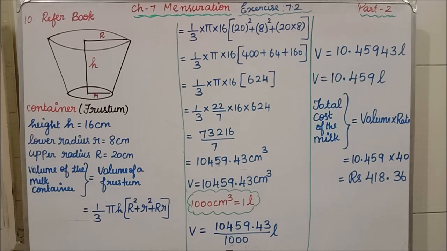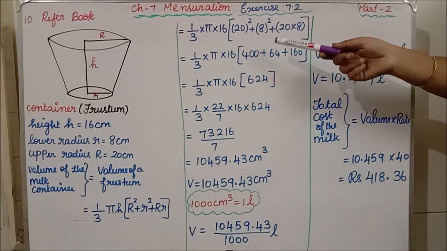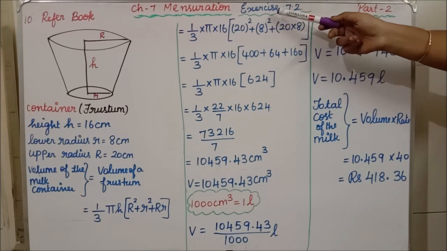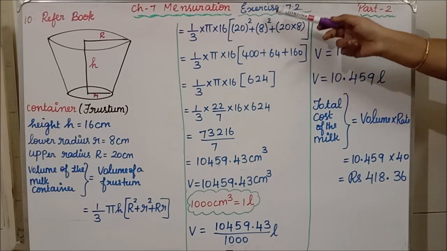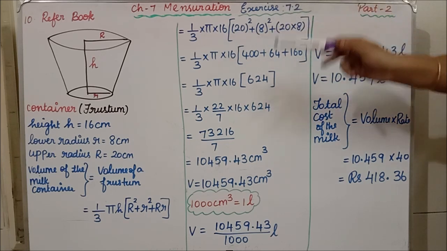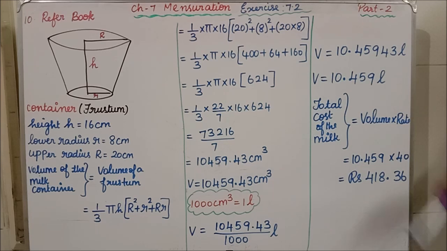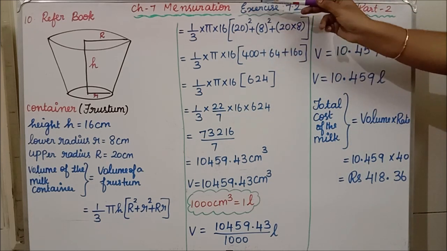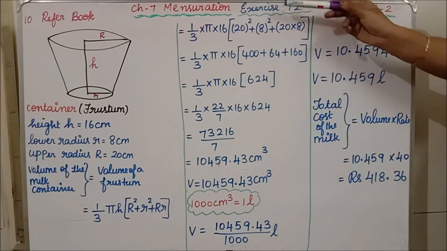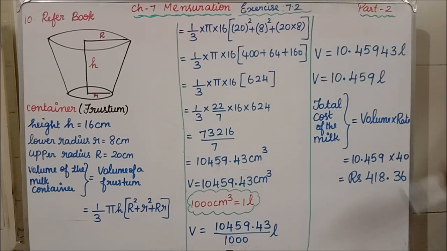Here 1 by 3 pi into height is 16, capital radius is 20, small radius is 8. So 20 square plus 8 square plus capital R into small r, so 20 into 8. 1 by 3 pi 16, 20 square is 400, 8 square is 64, 20 into 8 is 160.